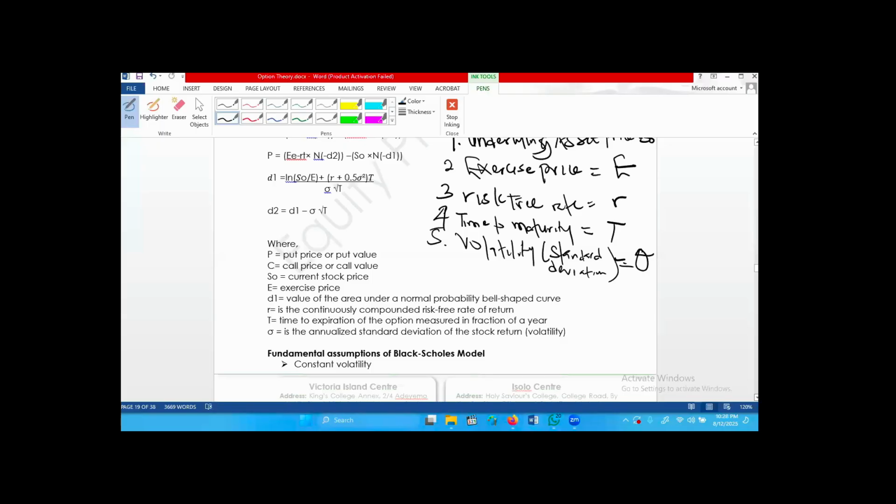S0, current stock price. Capital letter E, the exercise price. Your N(d1), value of the area under a normal distribution bell shape.